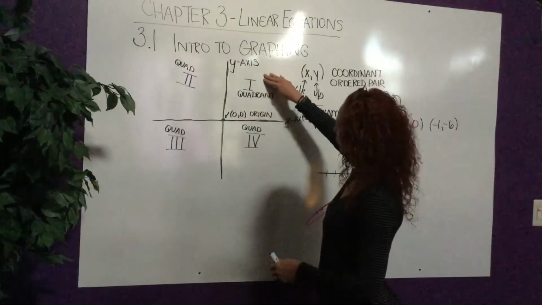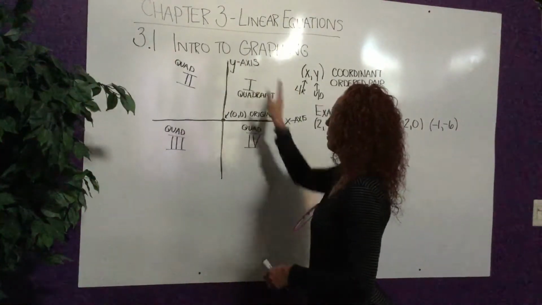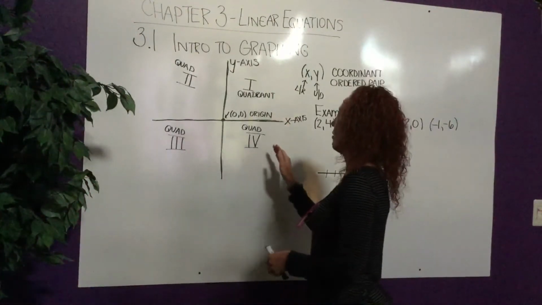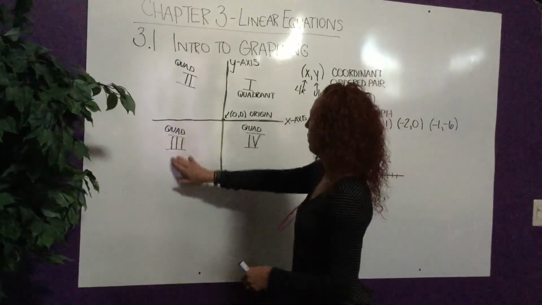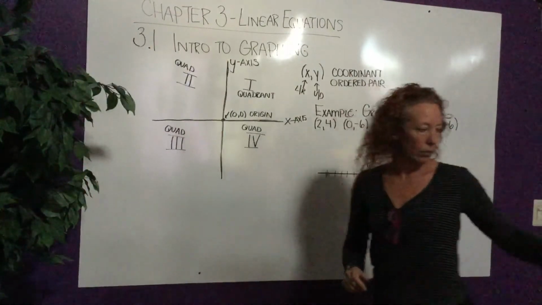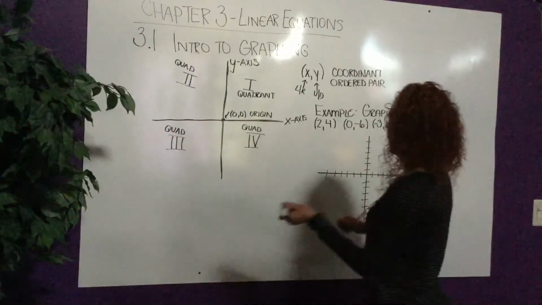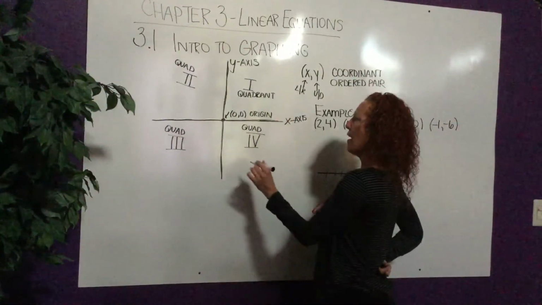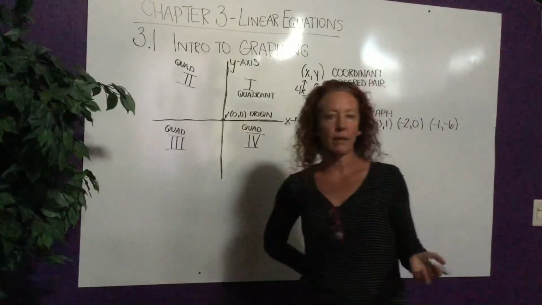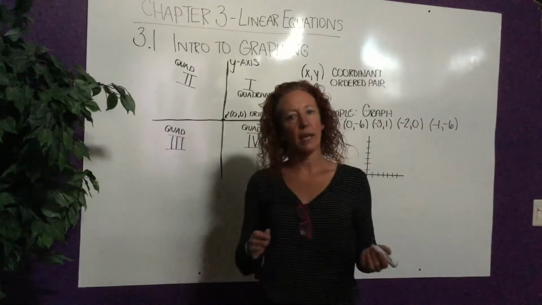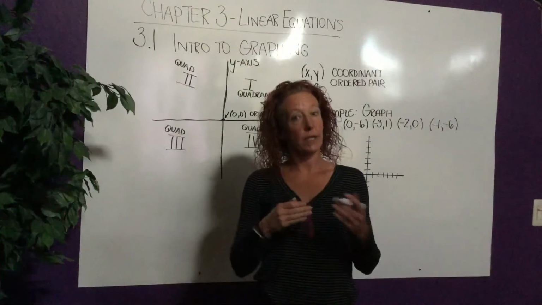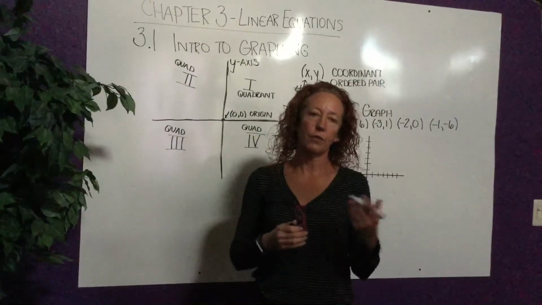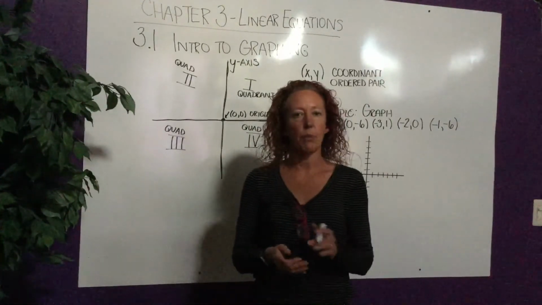So over here we have quadrant 1, and then it goes in reverse, counterclockwise order, quadrant 2, quadrant 3, and quadrant 4. And as we graph, it's important to think some of this is a little bit of intuition because we either need to make choices as to whether we go to the left or to the right, whether we go up or down.